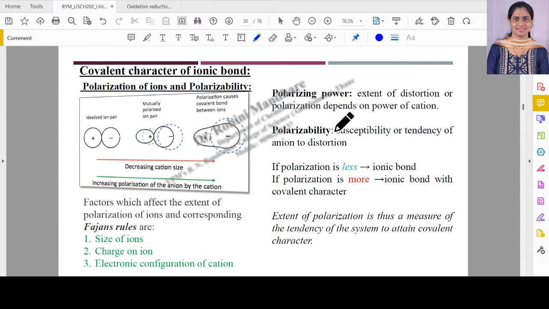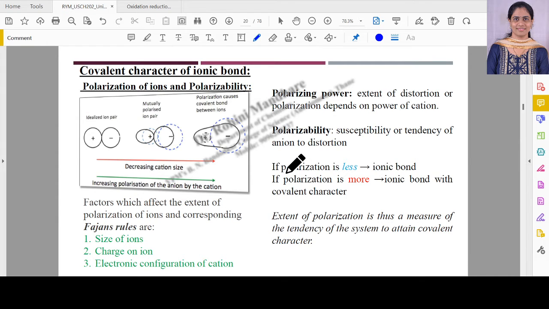Polarizability is the susceptibility or tendency of the anion. Polarizability is with the anion, polarizing power is that of the cation. So polarizability is the susceptibility or tendency of the anion to distortion. If polarization is less, the bond is ionic; if polarization is more, the bond has more covalent character.